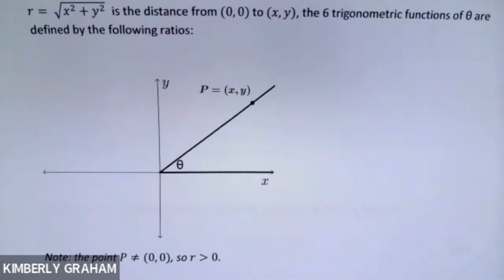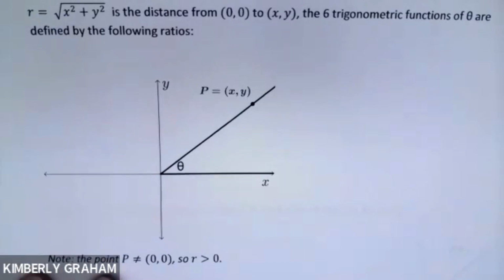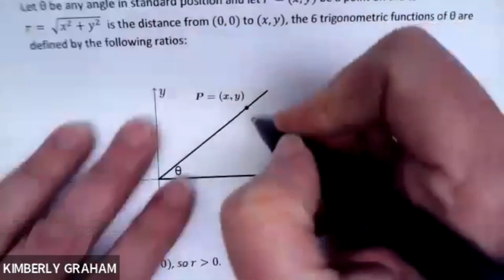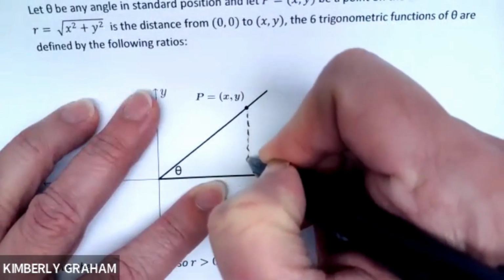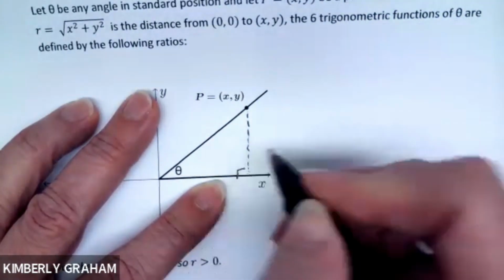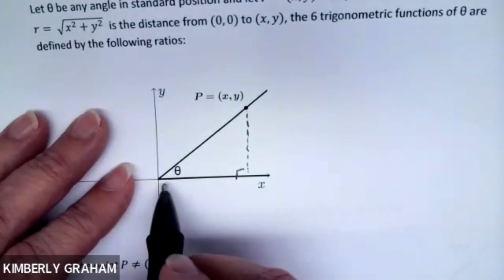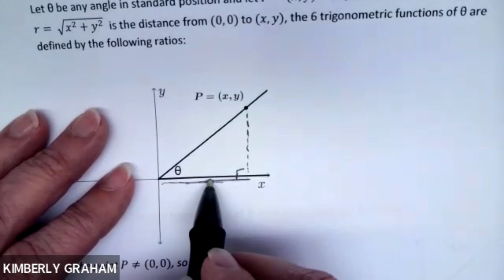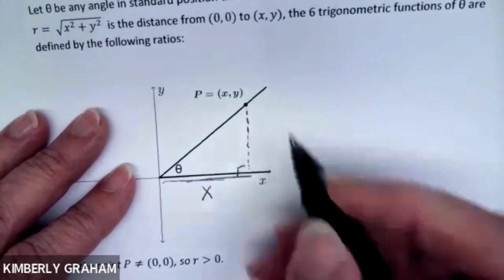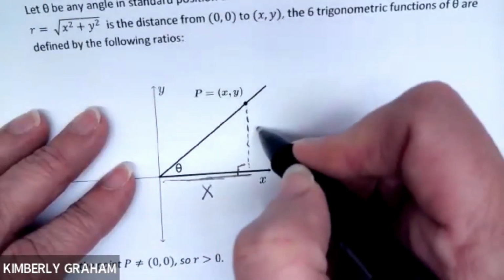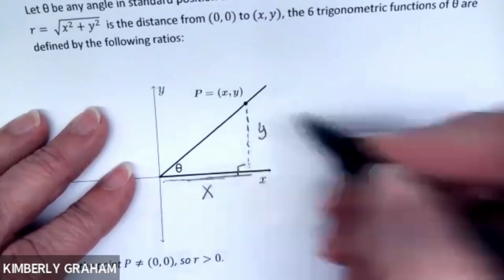All right, so I'm given a point (x, y) on a coordinate plane, and this angle that's in standard position we're calling theta. So I know that if I were to make a right triangle here, this distance of this part of my triangle is x units long, and the height of this triangle is y.